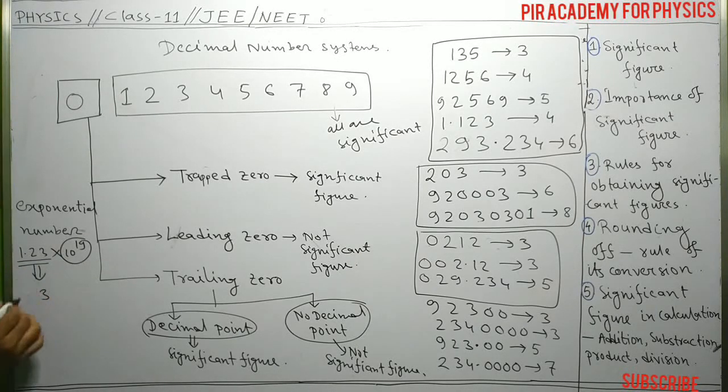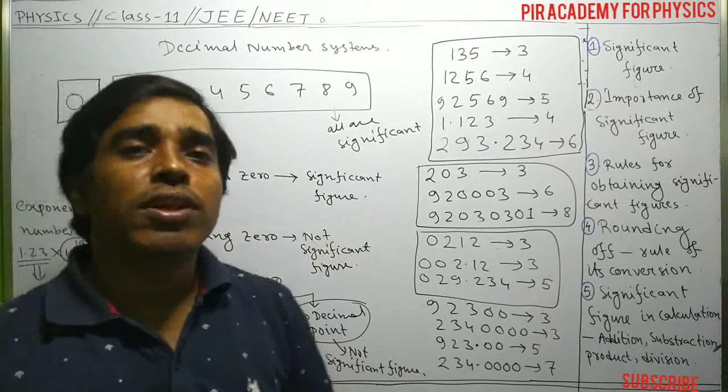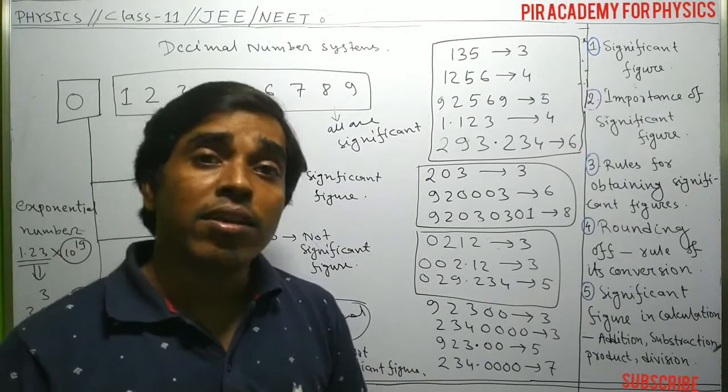That means if you see 0.96 times 10 to the power 10, the exponential part is not a significant figure. Only this implies the number of significant figures will be 3. That's why in exponential notation, the exponential term is not a significant figure.